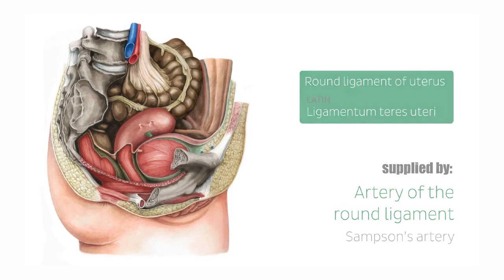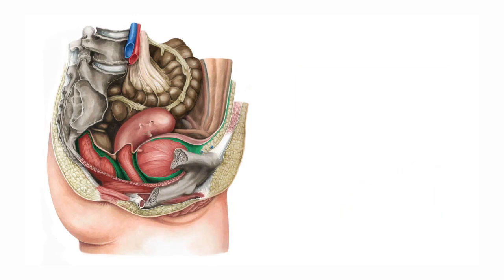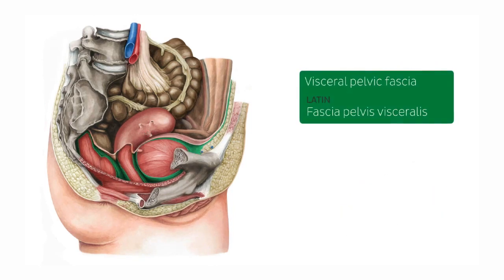We're going to move on to another structure that we're now highlighting, which is known as the visceral pelvic fascia. As you probably know, a fascia is a structure of connective tissue that surrounds muscles, groups of muscles, blood vessels, and nerves, binding some of these structures together while permitting others to slide smoothly over each other.